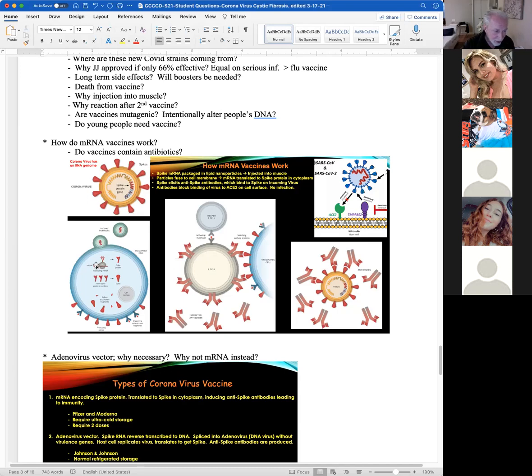And so they combine to make spike protein. Well, these spike protein molecules make their way to the cell surface, where, if you go to the next picture, the vaccinated cell now has spike protein on its surface, and that induces the immune system, the B cells and the T cells, to make antibodies.